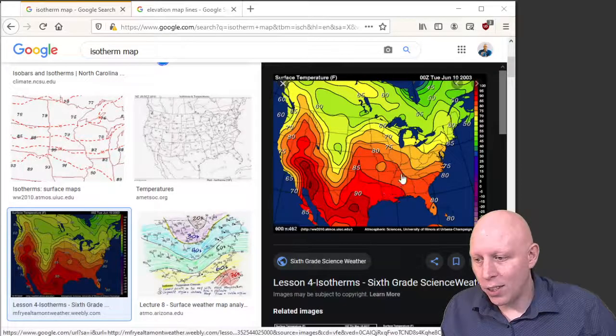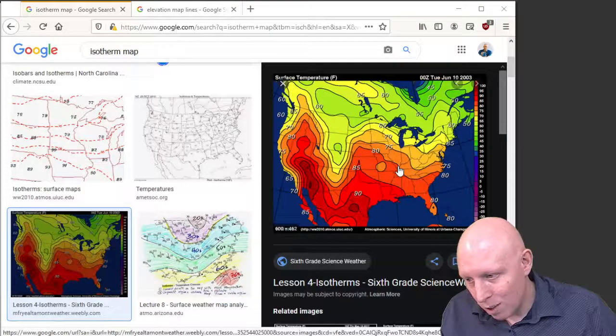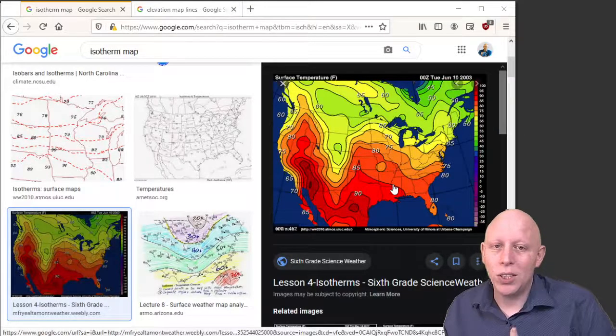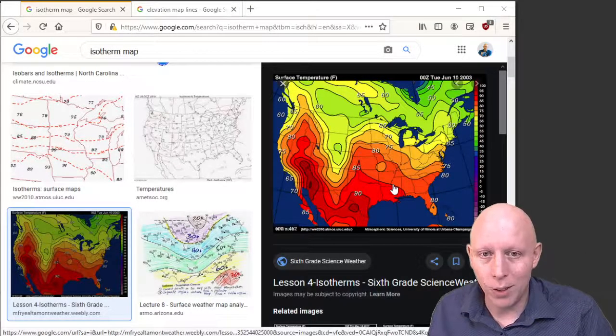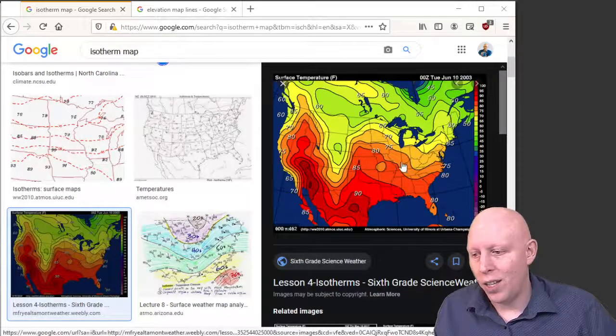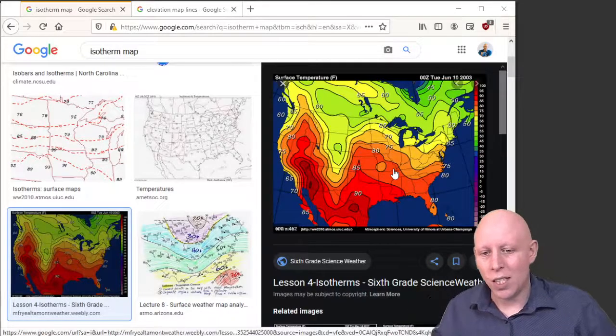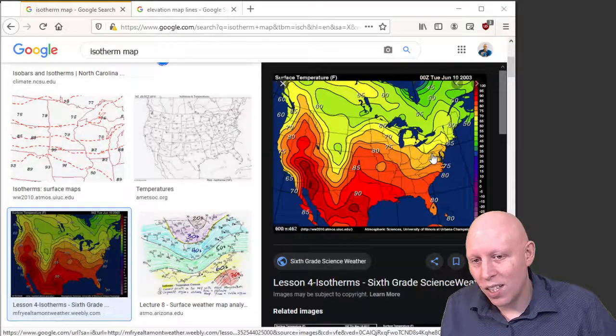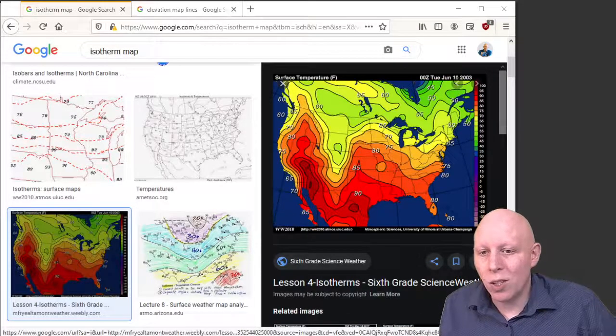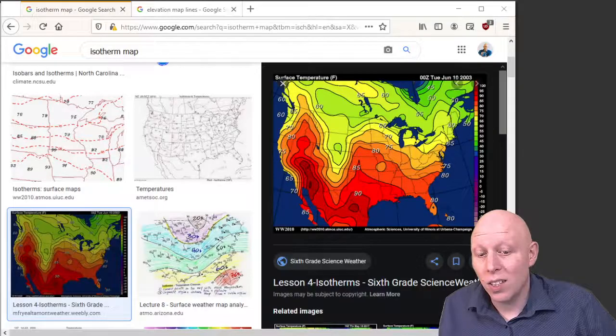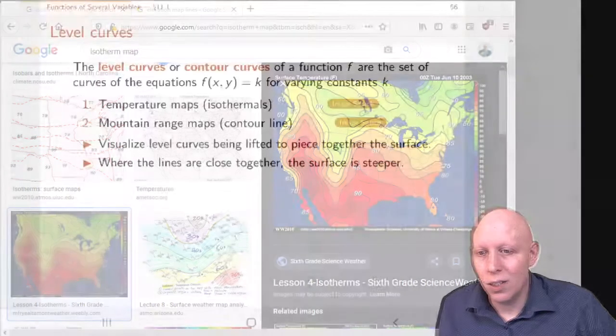But over here, the temperature is not changing so fast, because you can drive all the way from Illinois down almost to Louisiana, and your temperature will not have changed by more than 5 degrees. That's how you can read this map of level curves and interpret how fast the function is changing.